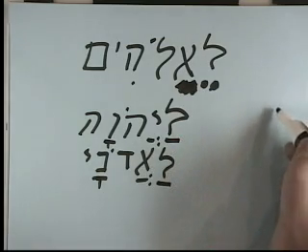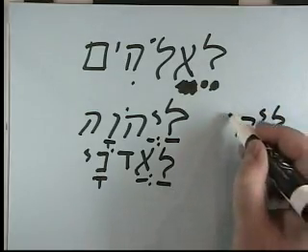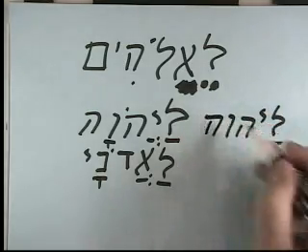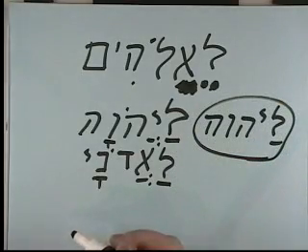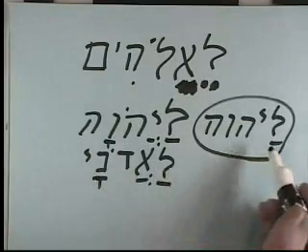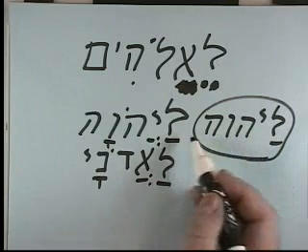What you're going to actually see in the text would be something like this, and you won't necessarily see the vowel pointing. So you would see this as a special case for the name Yahweh with the inseparable preposition attached. So we have two special cases: one with Elohim, you get lelohim, and one with the name Yahweh, but it would be read, as we look at it, Ladonai, because they would be reading the word Adonai here.